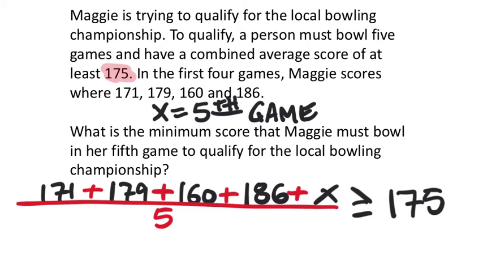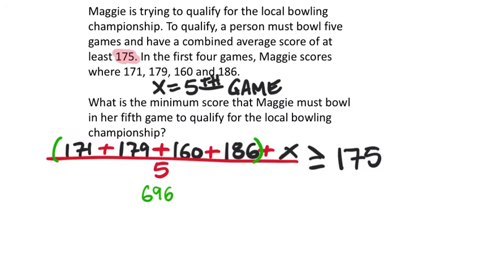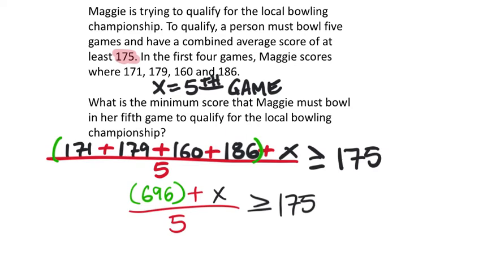Now, in that last example, I multiplied both sides by the denominator. I'm not going to do that this time. I'm actually going to combine all of the values that I have right here, which when I do, I get that 696 right there. Now, the rest of it still remains. So I'm going to need to take that value, add X, and then divide by 5. At this point, I will multiply both sides by 5 because I do want to get rid of that denominator right there.